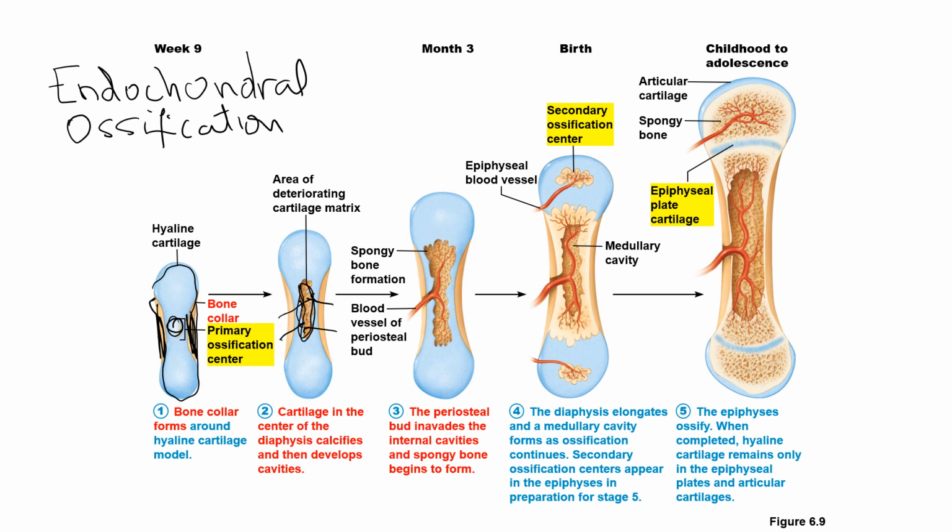At about 3 months of development, blood vessels begin to invade this hyaline cartilage calcified bone tissue, bringing with them osteoblasts and hematopoietic tissue. Notice that at birth, the diaphysis of the bone has been ossified.